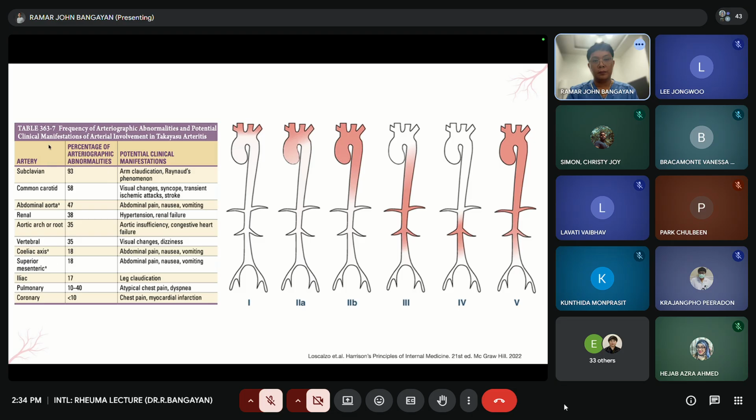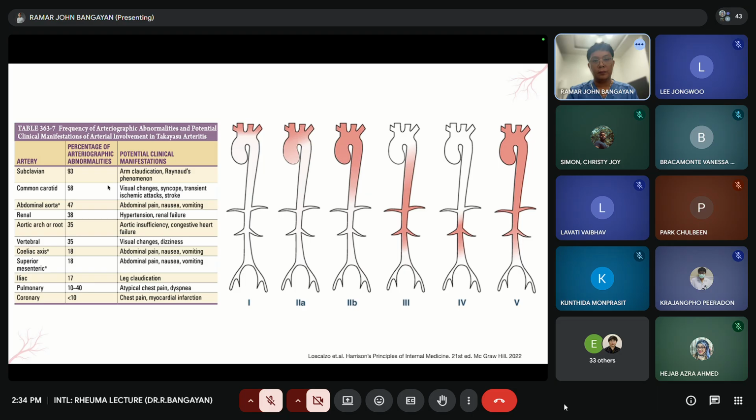Other vessels are also affected. But 93% of the time it's the subclavian. So if you have involvement of the left subclavian artery, you will not appreciate pulses in that area. Is that clear? So there would be an absent pulse.